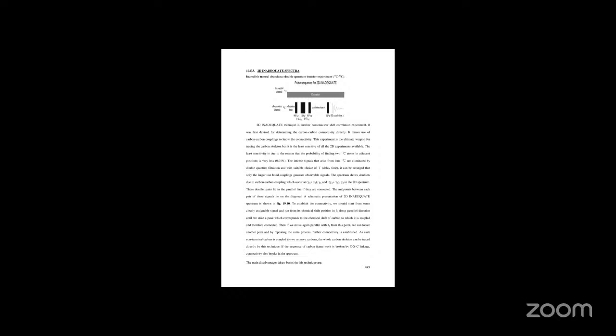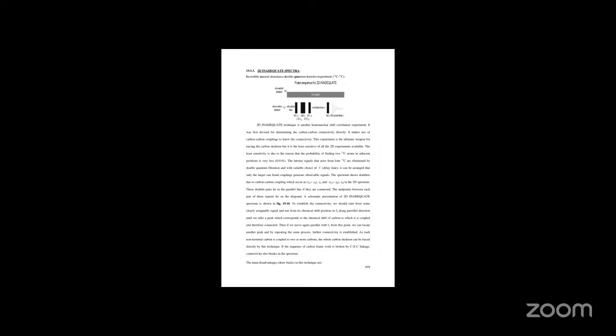This experiment is the ultimate weapon for tracing the carbon skeleton, but it is the least sensitive of all the 2D NMR experiments available. The low sensitivity is due to the fact that the probability of finding two C13 atoms in adjacent positions is very less, because the probability is 0.01%.